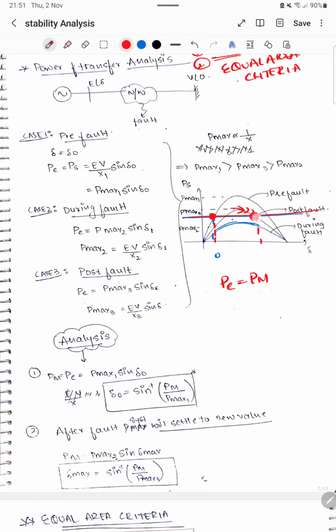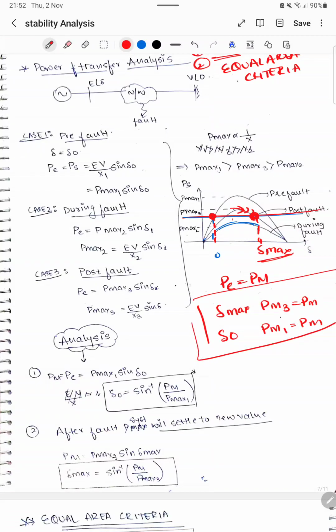It would reach PM again, and at that particular state, basically your fault will be cleared, and that will be called delta max. So at delta max, Pmax3 sine delta will be equal to PM again, and at delta naught, your Pmax1 sine delta will be equal to PM. Let's be very clear on this too. But delta max you won't be able to calculate directly.